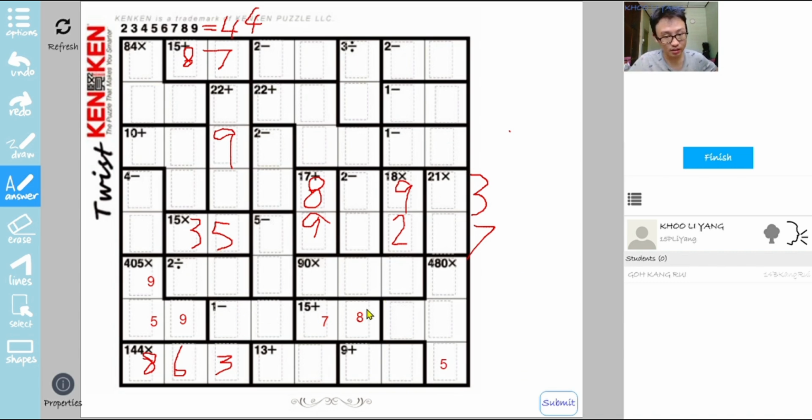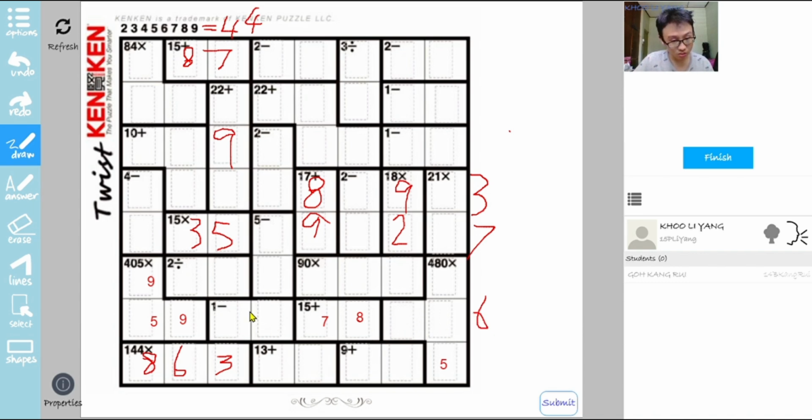Okay, next we look at the last second row. The numbers left are 2, 3, 4, and 6. Since 6's previous number 5 and next number 7 are used in this row, 6 will be either this box or this box.